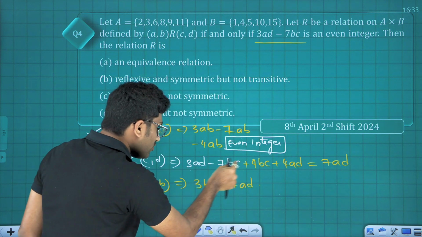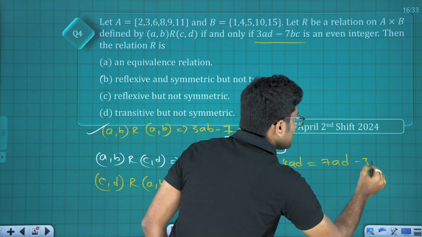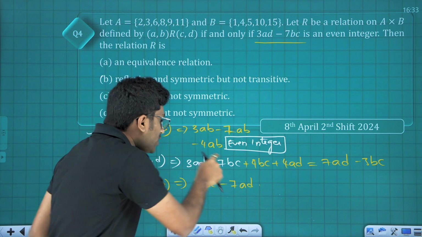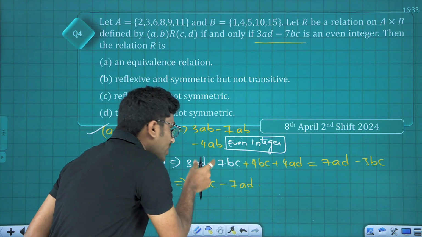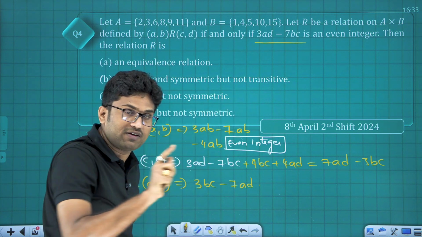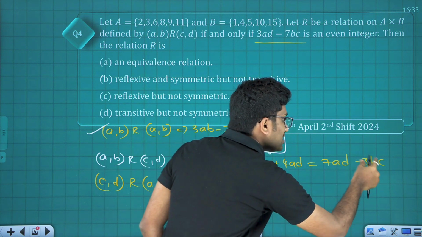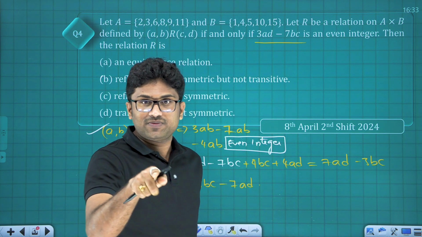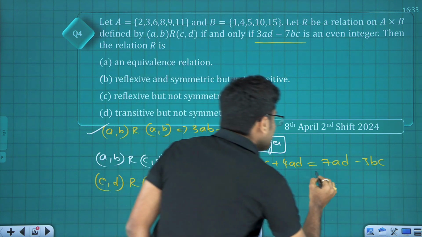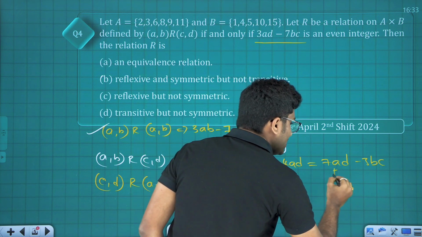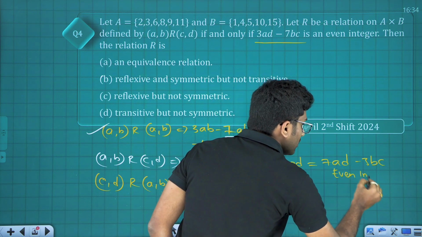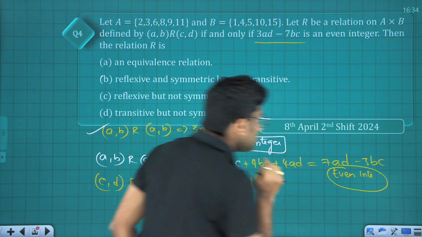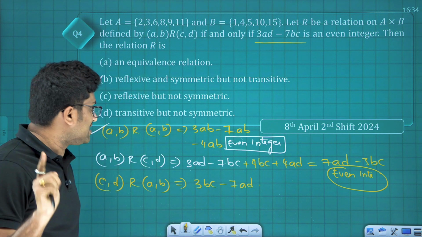So that means when you have added 4BC and 4AD to an even integer, the result should be even. That means 7AD minus 3BC is clearly an even integer. We know that it is even.